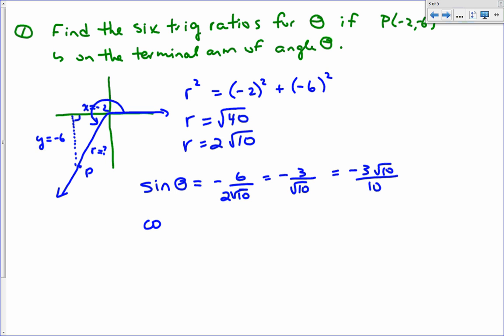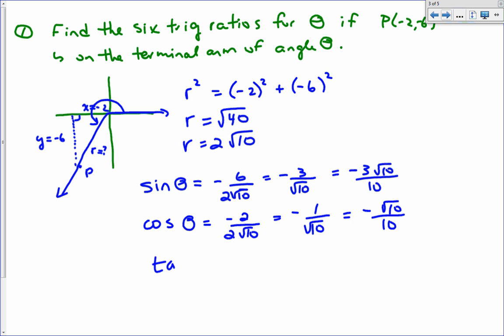The cosine of theta will be x over r, so that'll be -2 over 2 root 10. We'll divide top and bottom by 2, so we get -1 over root 10, and then we'll rationalize the denominator, so we get -root 10 over 10.